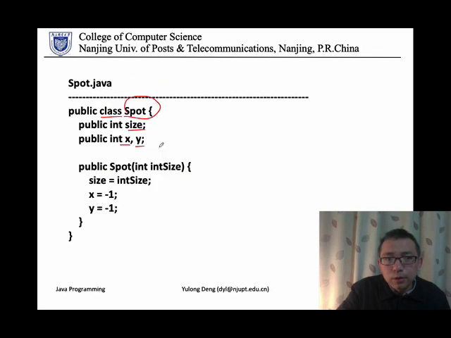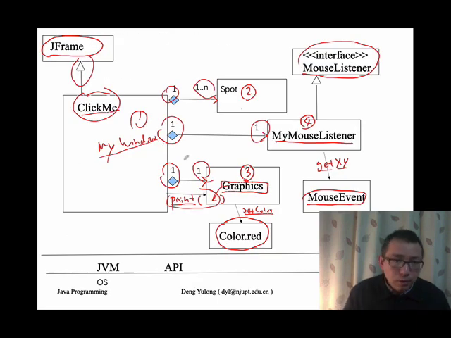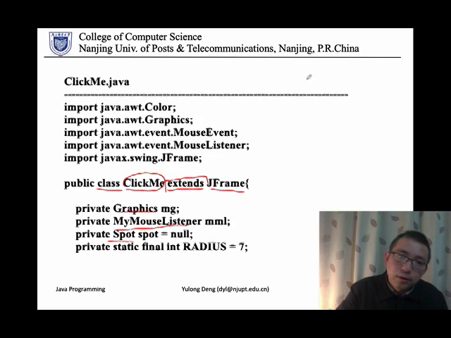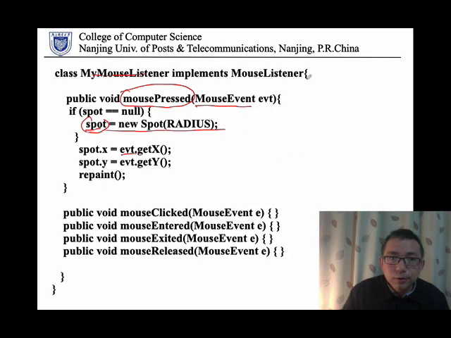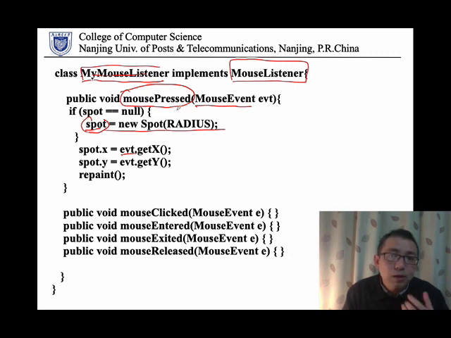This is how this code works. And regarding the interface, MyMouseListener implements an interface named MouseListener. Here's the code. This is MyMouseListener, and this MouseListener is the interface name. If we want to implement an interface in the Java programming language, a keyword named implements is used to describe this relationship.